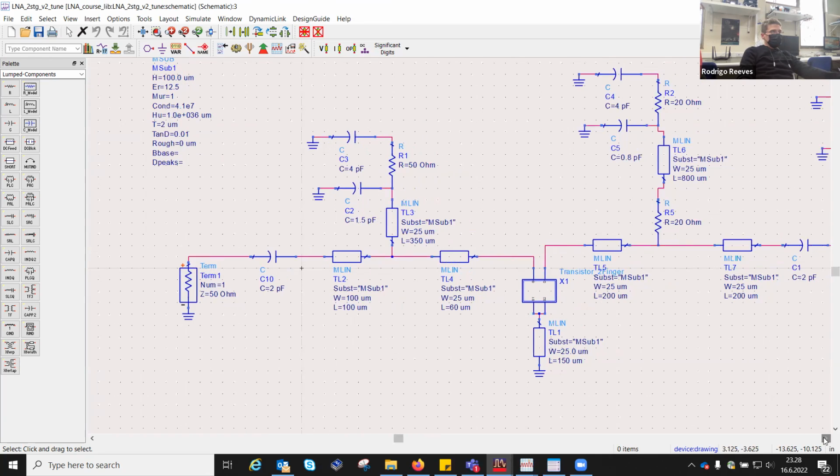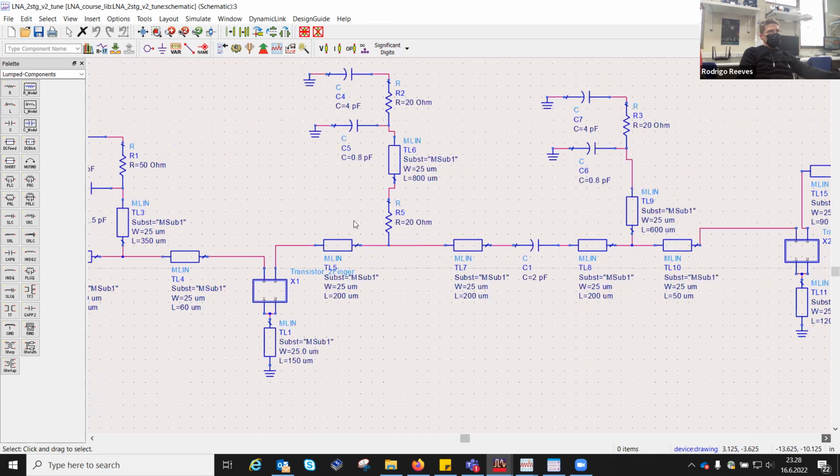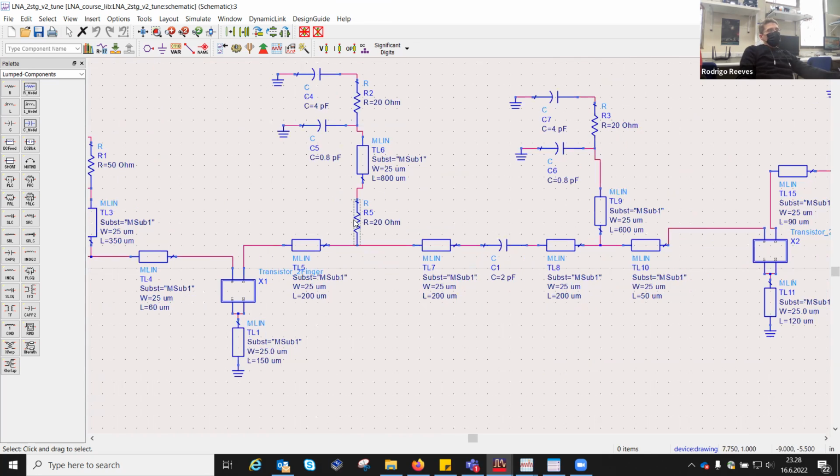On the second stub, I actually added a resistor here. You can add a resistor after the first stage if you have a long short-circuited shunt stub, because as you remember, if the short-circuited shunt stub is quarter wavelength, it actually shows a large impedance at this point.